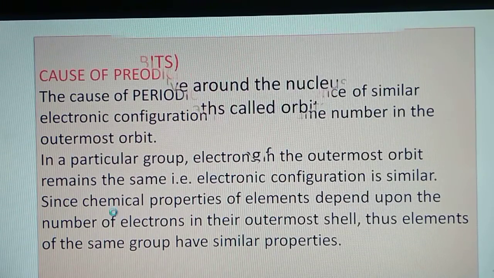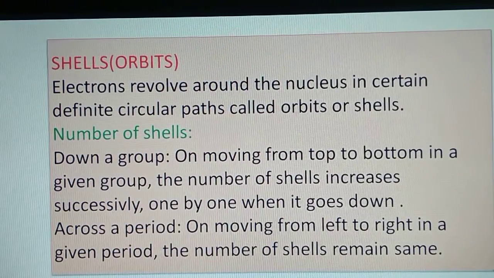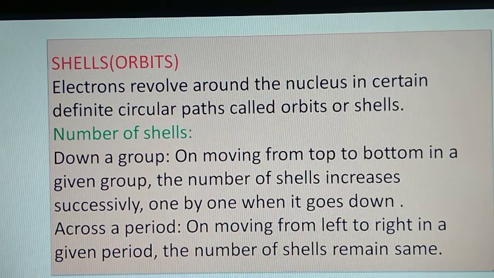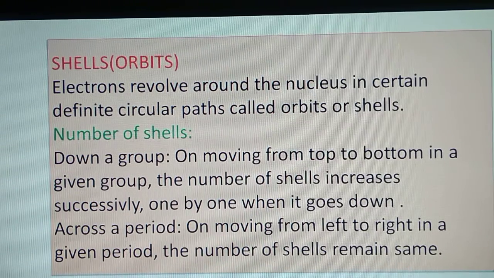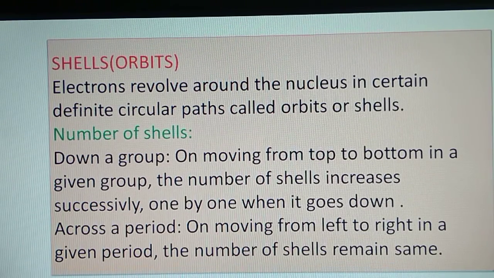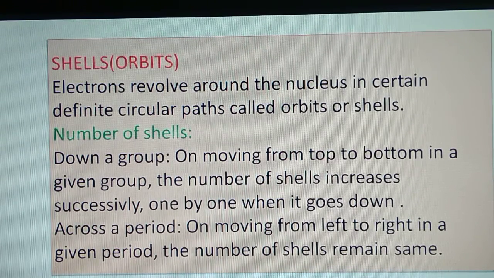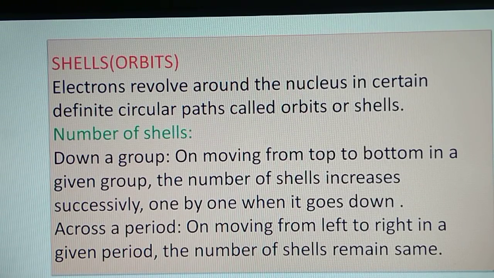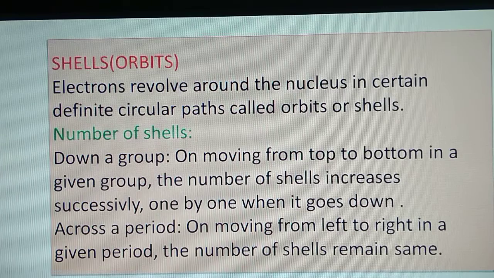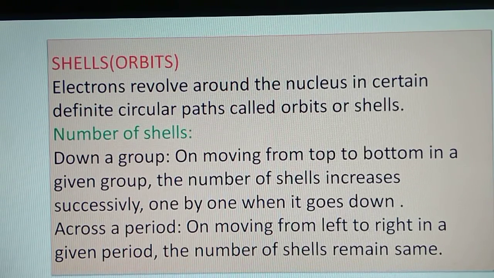Okay, so shells, which are called orbits: electrons revolve around the nucleus in certain definite circular paths called orbits or shells. The number of shells depends on going down a group. On moving from top to bottom in a given group, the number of shells increases successively one by one, and across a period, on moving from left to right, the number of shells remains the same.